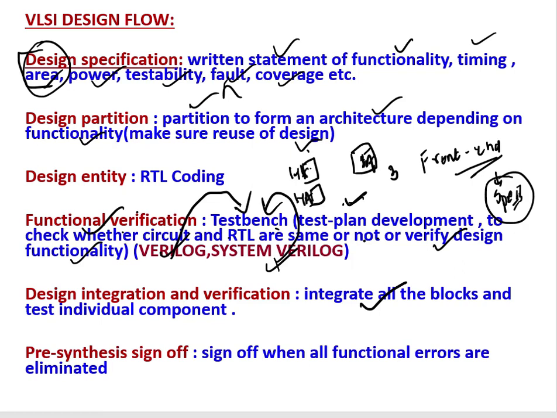So we design these two half adders, then we integrate them. So we integrate all the blocks and test individual components, all the small blocks, and we integrate them. That part is called design integration and verification.